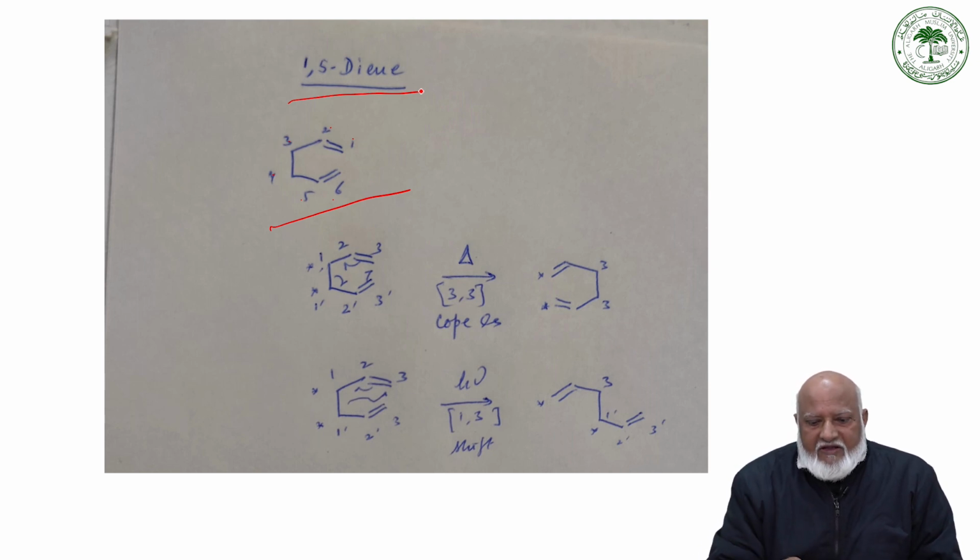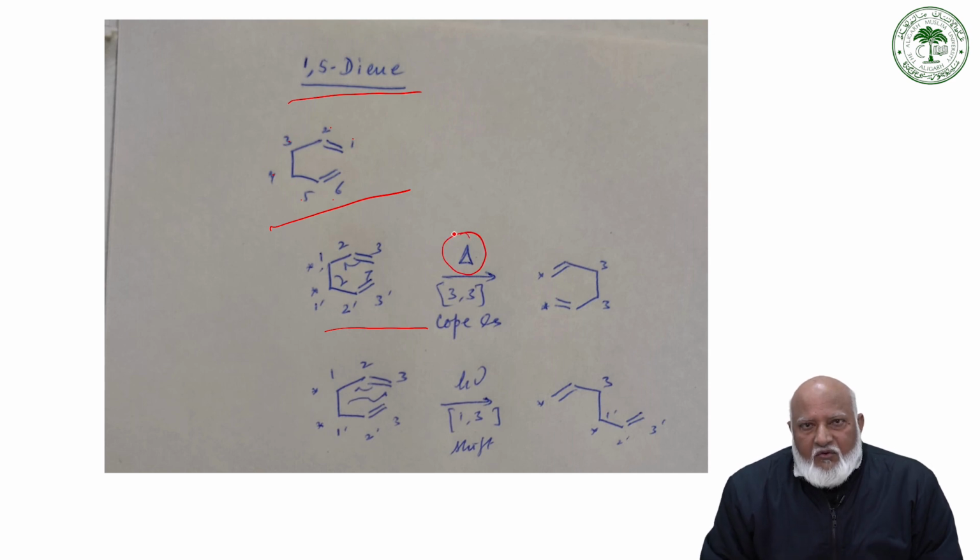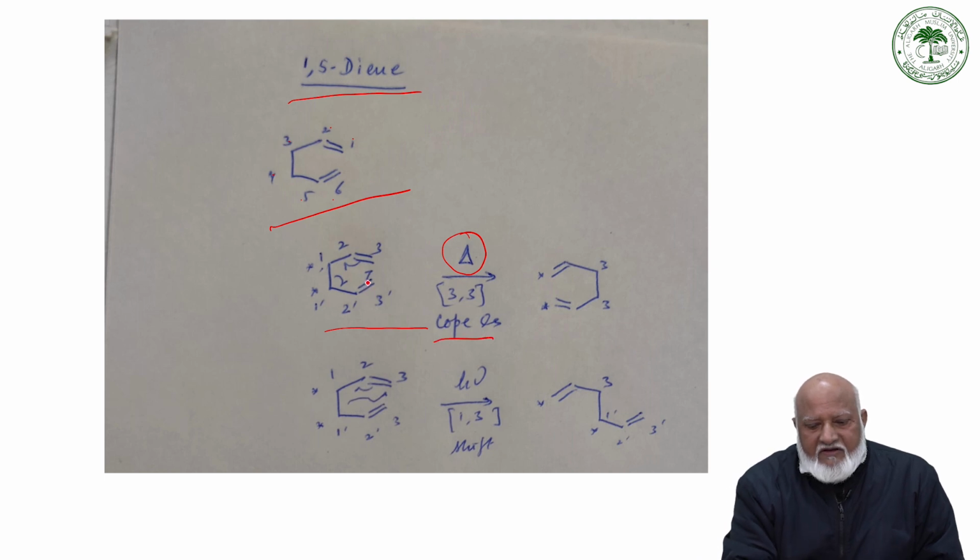If we look at this particular skeleton of 1,5-diene, under thermal condition it undergoes the well-known 3,3 sigmatropic shift, also known as Cope rearrangement, giving rise to this product.